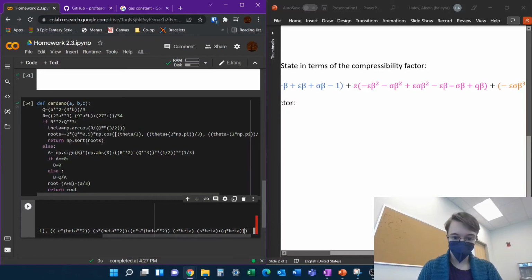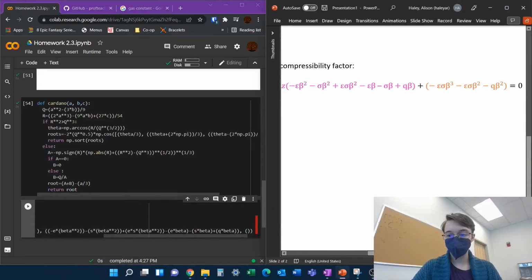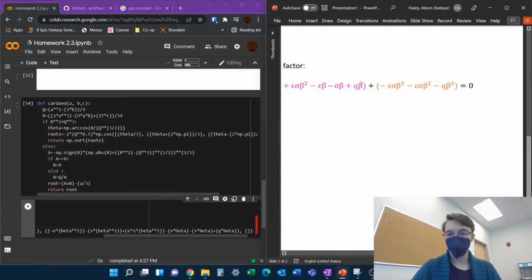Alright, so for our third one, that's going to be our constant term. So that's an orange hue.